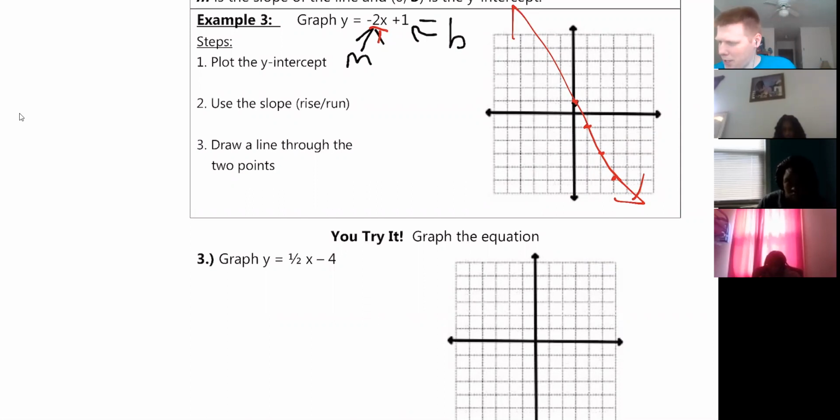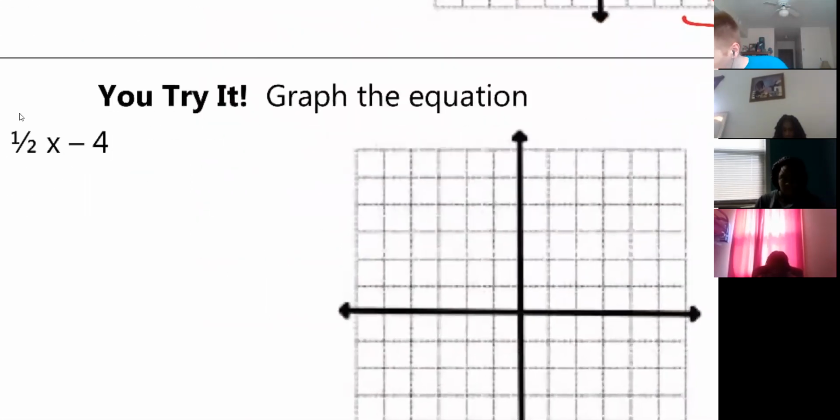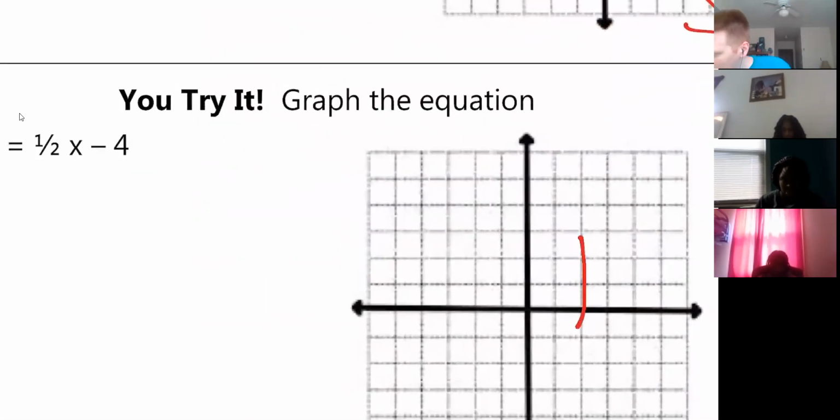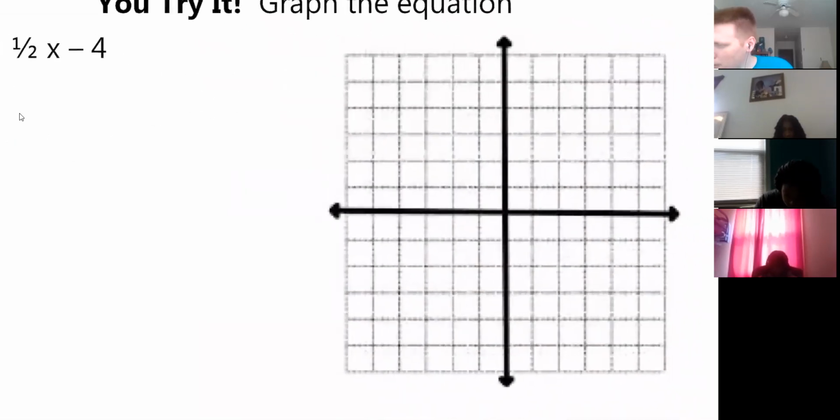But just for sake of time, and it's not like I can really have you guys show me your answer quickly or easily. This one, if you graph, you would start at -4. And your slope is +1/2, so you go up 1, right 2, up 1, right 2.